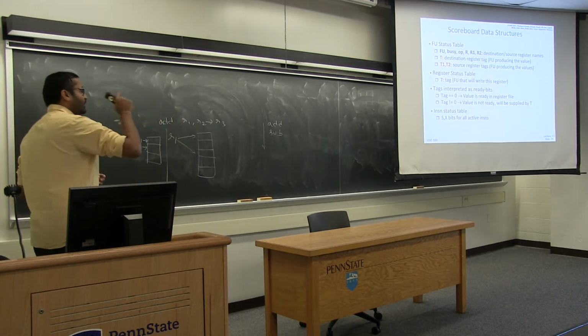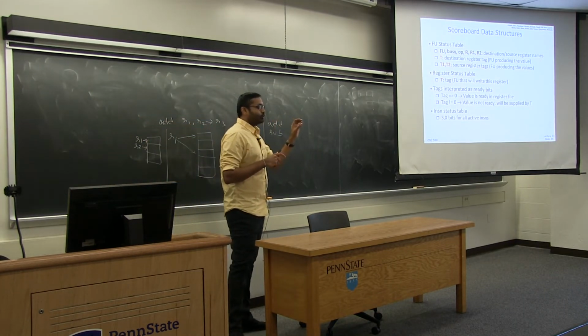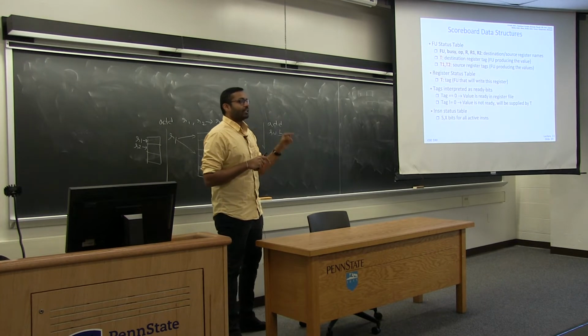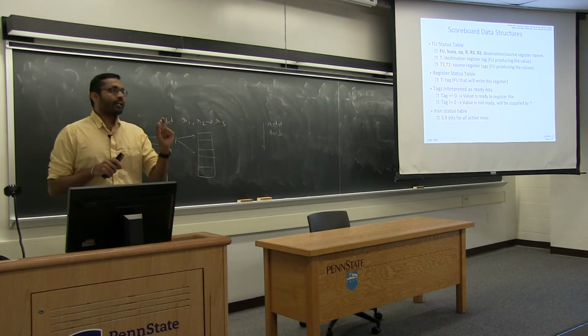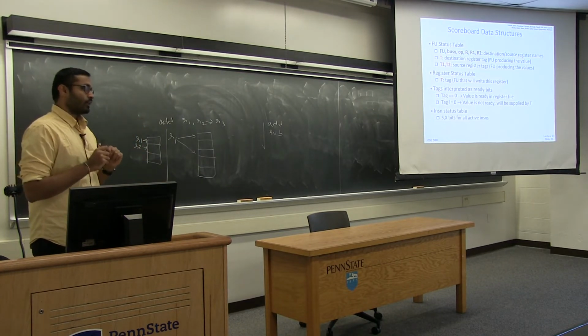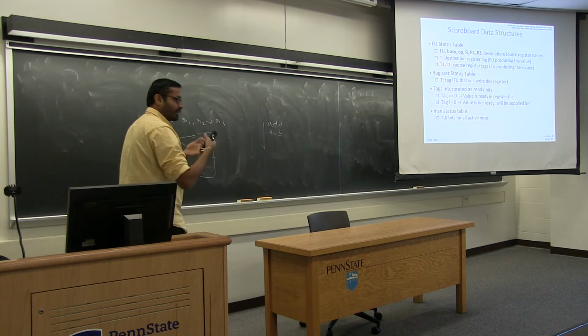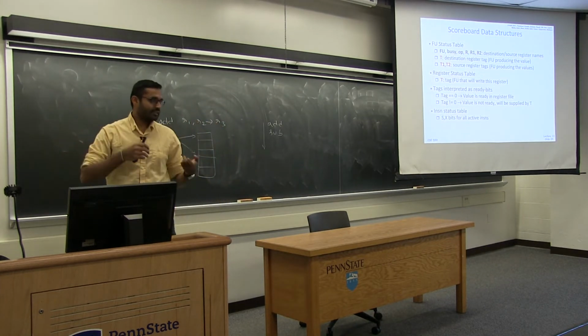And then for each of the input registers, we are going to have a value called a tag, and the tag essentially specifies where this input register value has to be gotten from. It could be present in the register file, then we just get it from the register file, or it could be that some other instruction is producing this value.